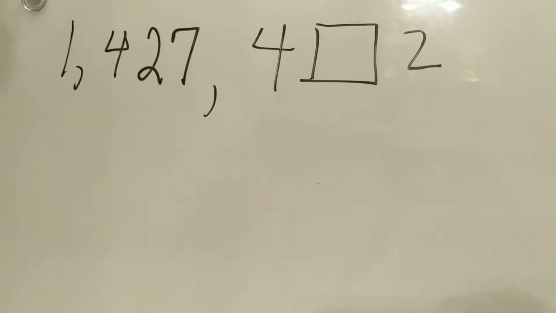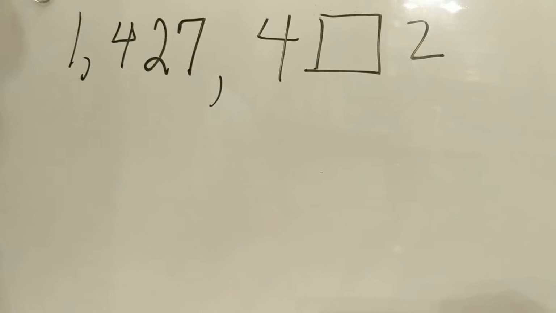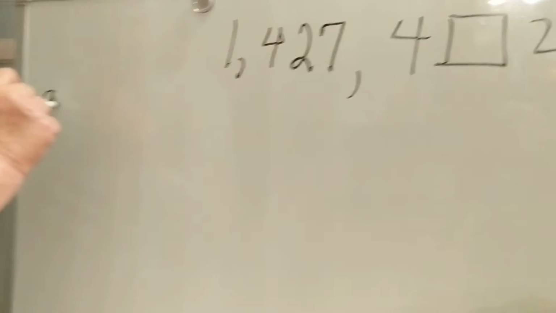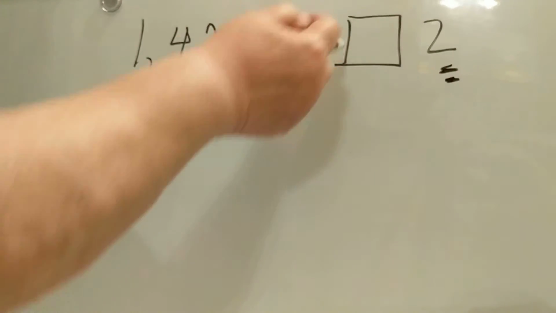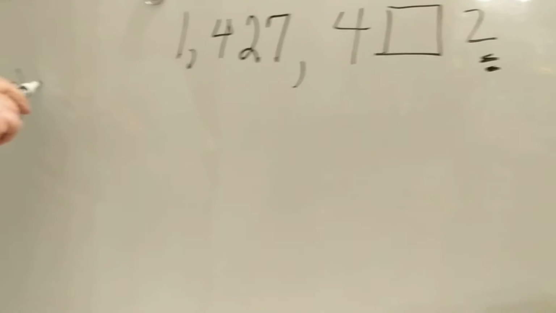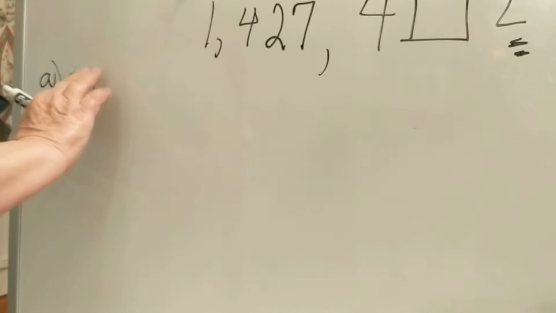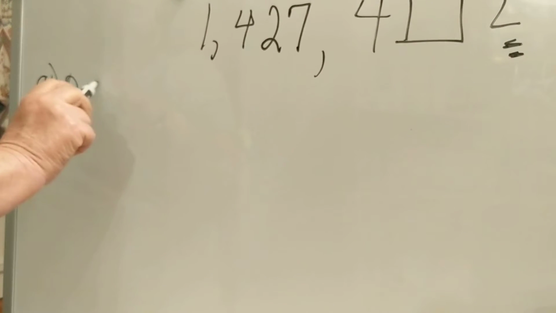We've got to find the number that goes here. If this is to be divisible by 2, we could put any number in there because it's already divisible by 2 if you look at this last number, so it really doesn't matter. We could put a 0, we could put a 1, anything 0 through 9 will work.